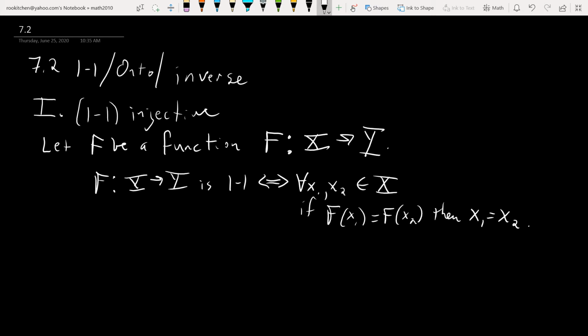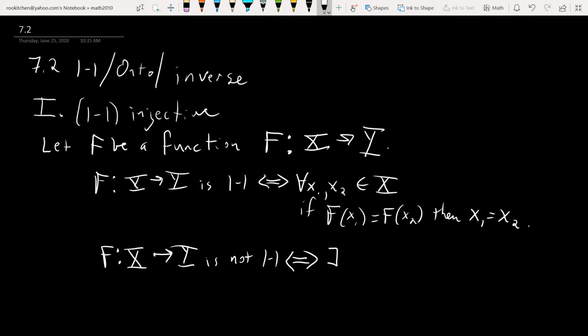We can negate this and have a working definition for proving something isn't one-to-one, which usually you just have to find a counterexample to prove. So it's not one-to-one if and only if, and we just go through and negate this universal statement.